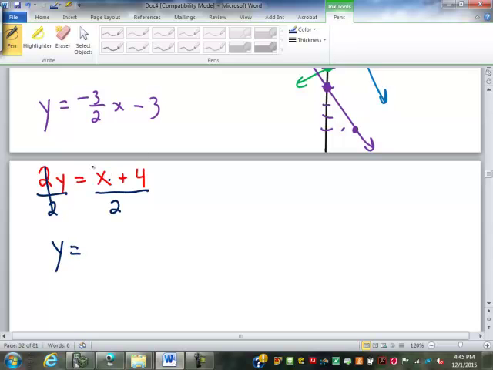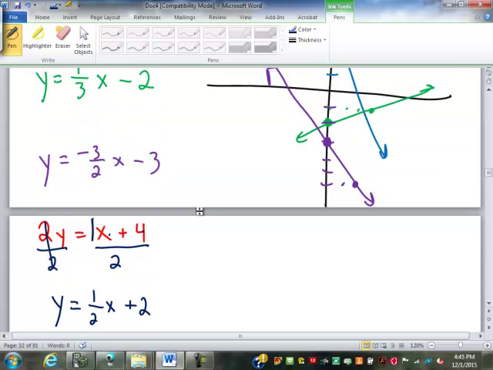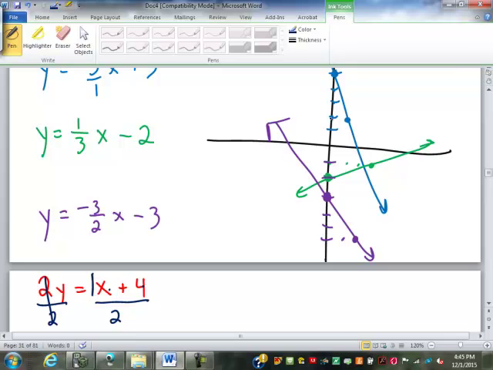Over here, I'm going to treat this as a 1x. 1x divided by 2, well, there's a little trick. 1 divided by 2 times x, 1/2 x. How about 4 divided by 2? It's 2. So technically that one starts at 2, and from there goes up 1 over 2, right there.